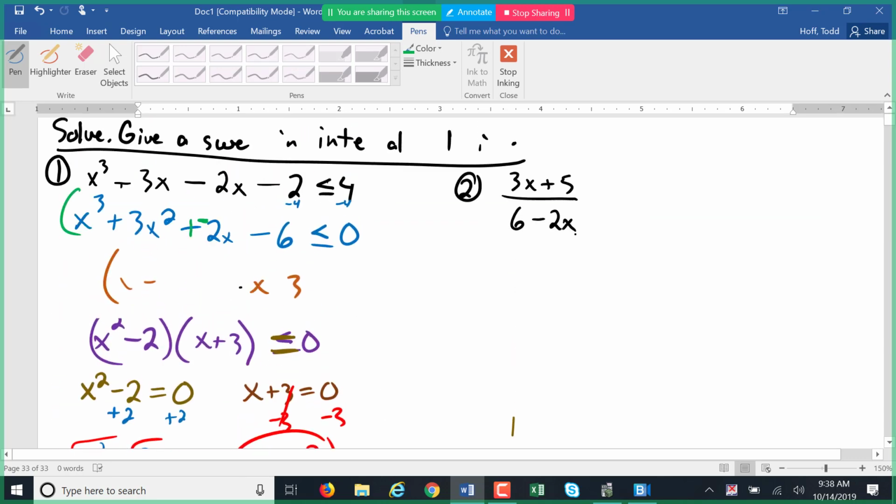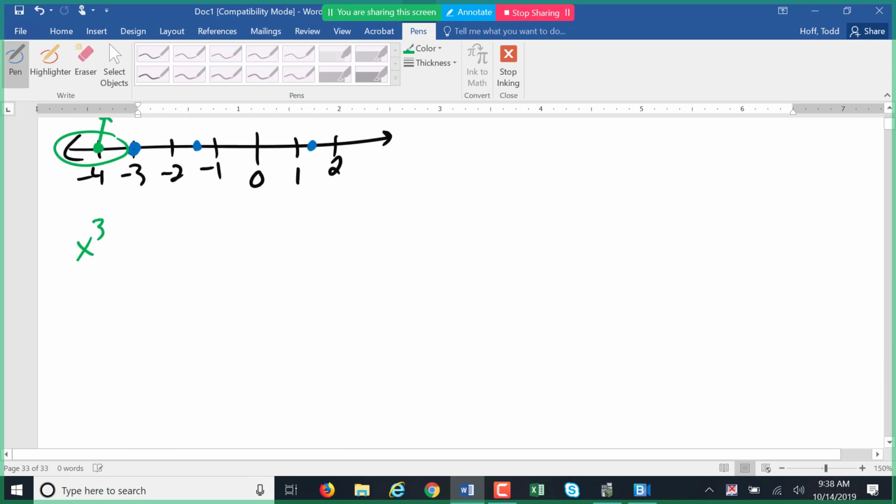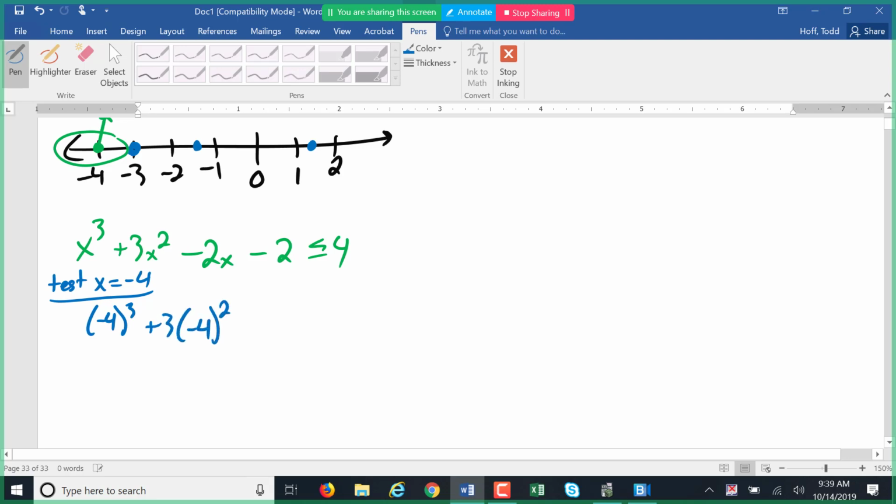So my equation, x to the third plus 3x squared minus 2x minus 2, I'm going to test in negative 4. So negative 4 cubed plus 3 times negative 4 squared minus 2 times negative 4 minus 2. Is that less than or equal to 4?